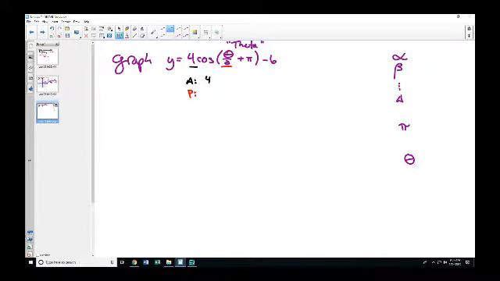Thank you, it's 1/2. K is 1/2, right? So the period is 2 pi over 1/2. 2 pi over K, which is 4 pi. 2 divided by 1/2 is 4. This is good.